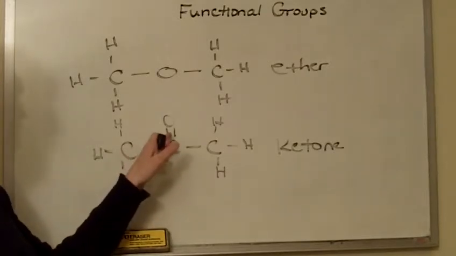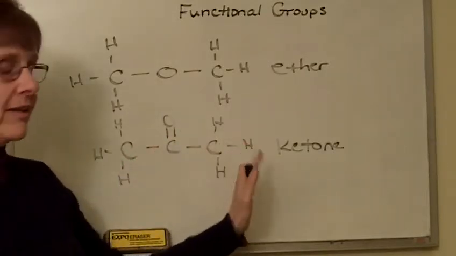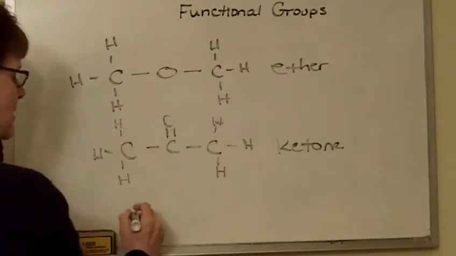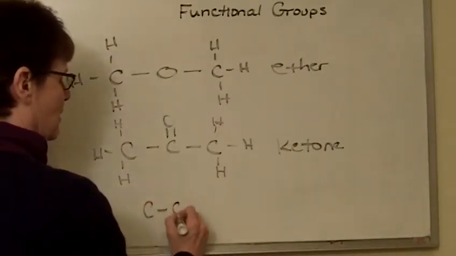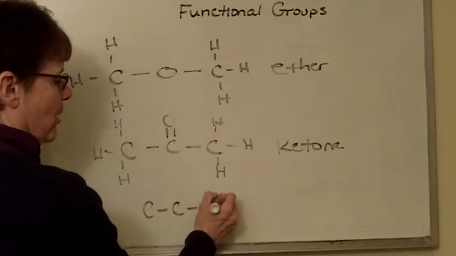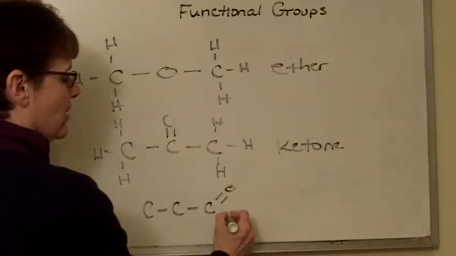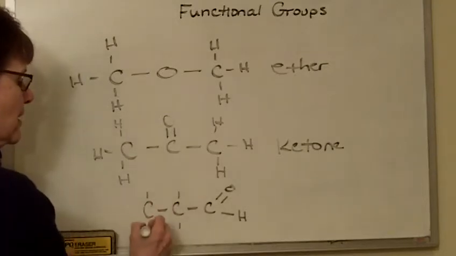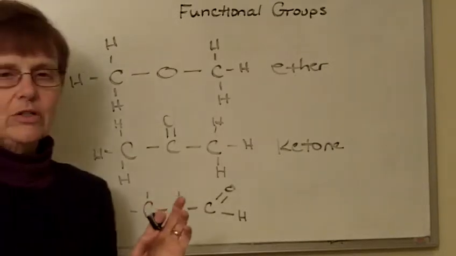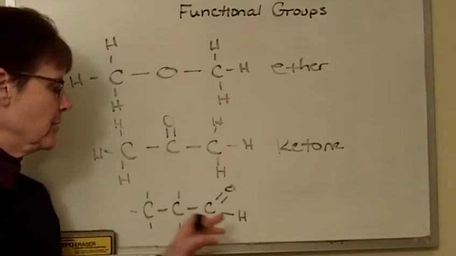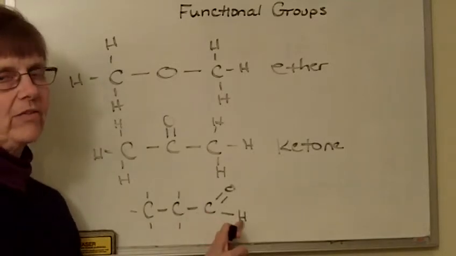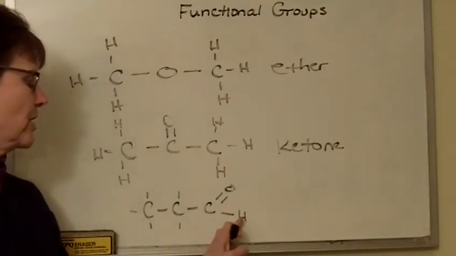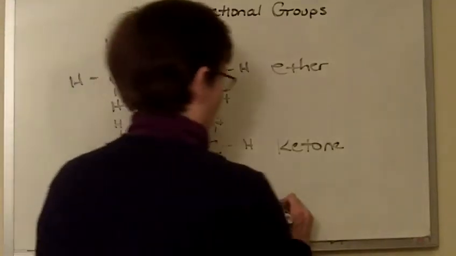Whereas if I put the oxygen at the end of the chain, that's going to be called an aldehyde. Let's see if I can squeeze that in down here. I can put any number of carbons, again, that I want. We'll put an oxygen there, and we'll put a hydrogen here. Now this probably looks somewhat similar to the carboxylic acid, because if this was an OH, we'd have a carboxylic acid, but making it just a hydrogen makes it an aldehyde.